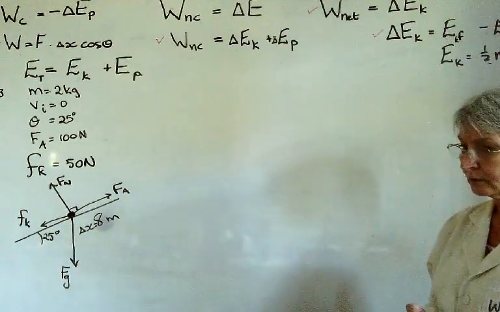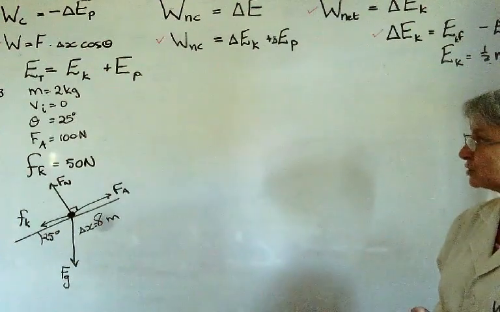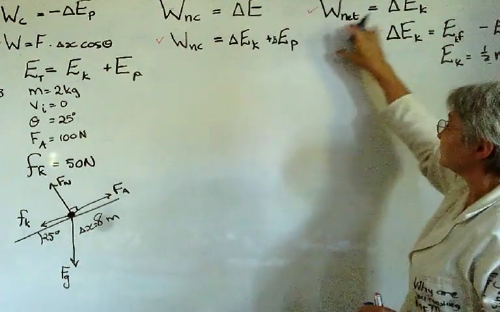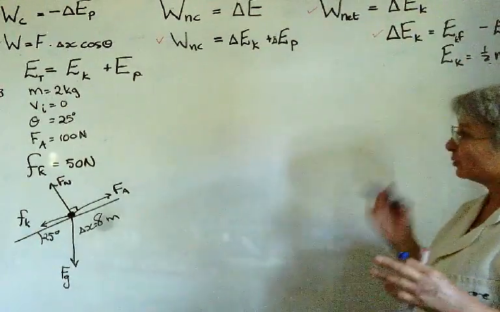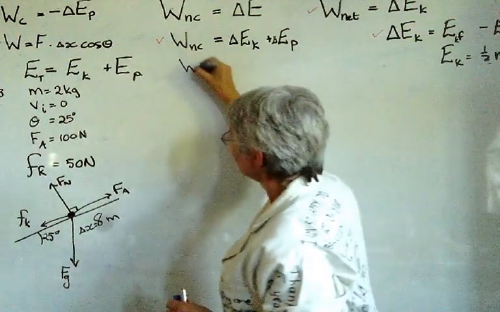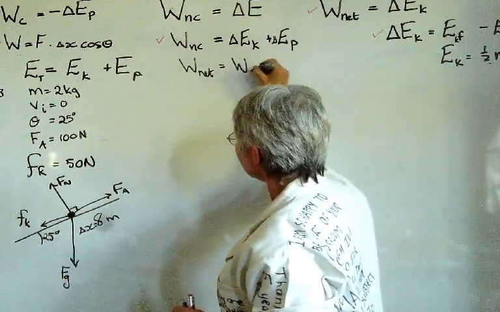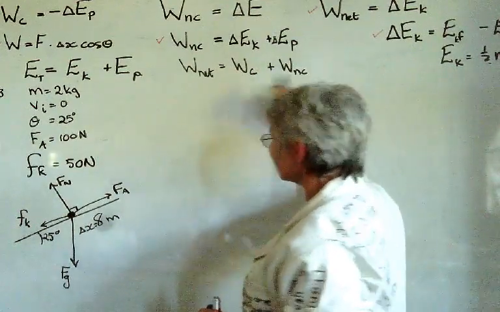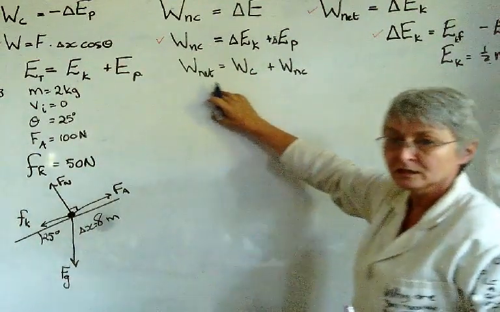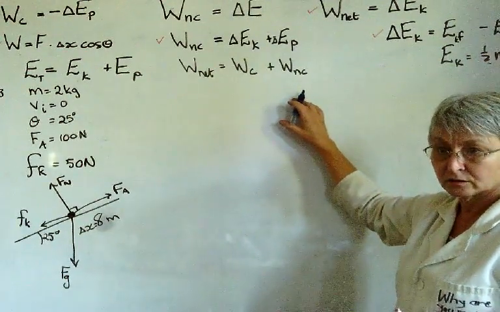So I can go W net is delta EK, but I can also go W net is the work done by the conservative forces plus the work done by the non-conservative forces. So you're telling me that this equation is not on the data sheet? It's an easy one.